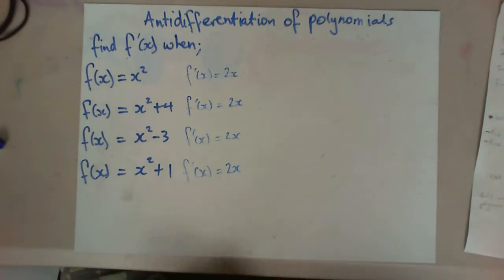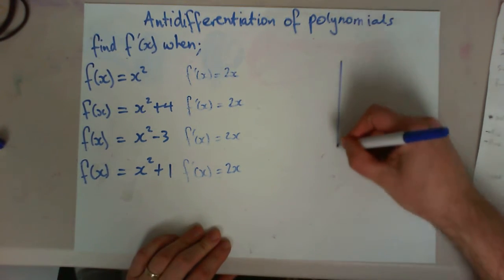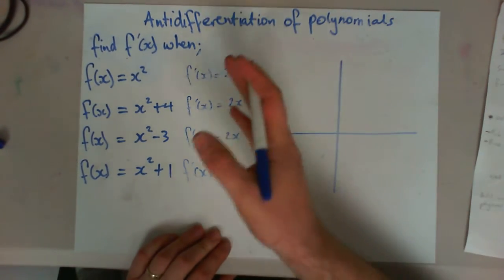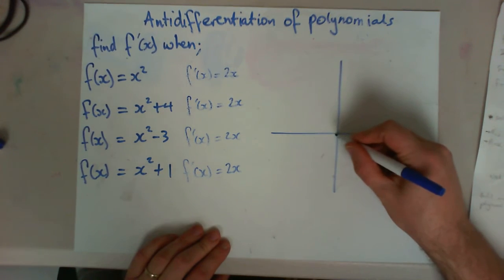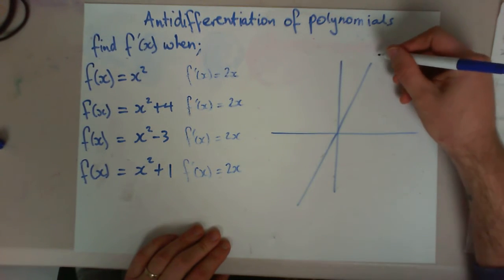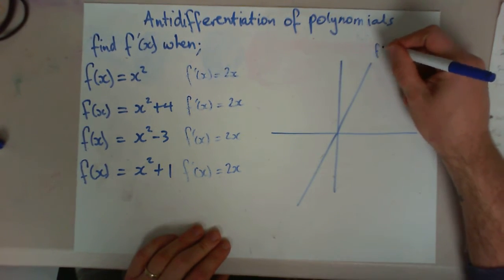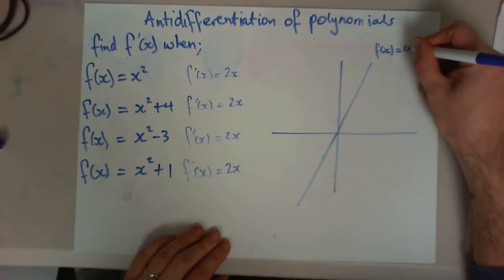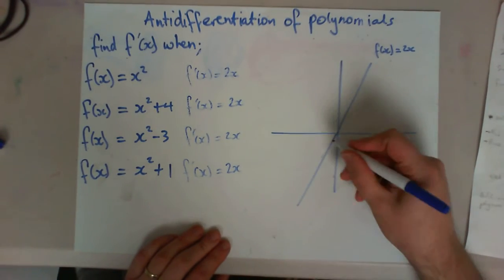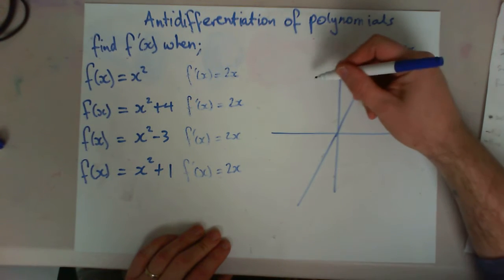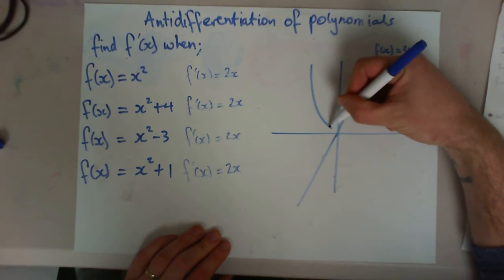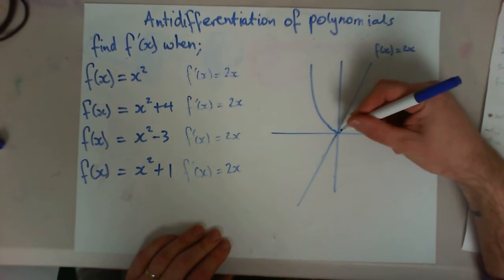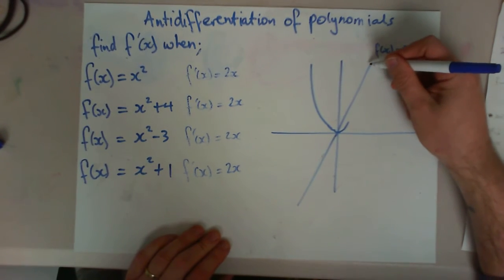So that brings us to some of our first ideas around anti-differentiation. We can demonstrate this idea from a graph. We know our derivative is always 2x. So if we're trying to find a graph of an original function, we know that it has to be a quadratic, because the derivative is a linear function for a start.